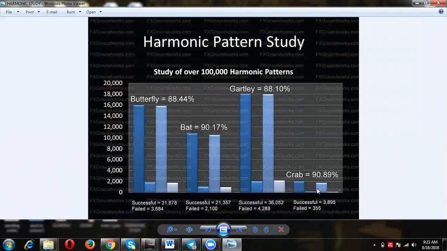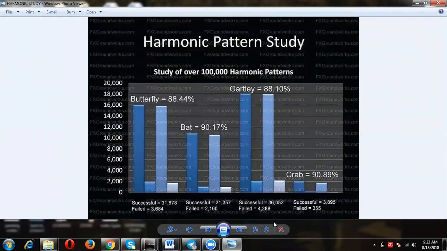For the bat, we have 21,357 successful, and 2,100 failed. From the gartley pattern, we had 36,052 successful, and 4,288 failed. From the crab pattern, we had 3,895 successful and 355 failed, as you can see on the screen.